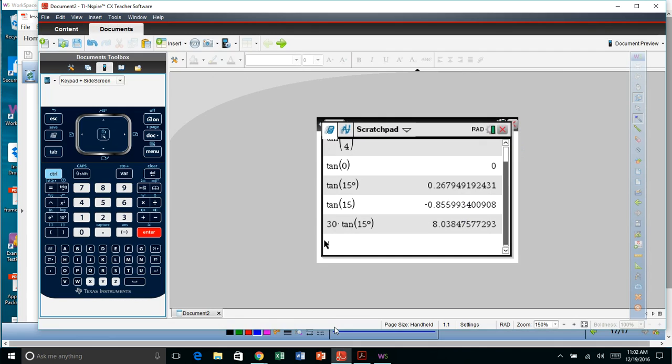And then let's go up there and grab it again, and let's put in 30 this time.